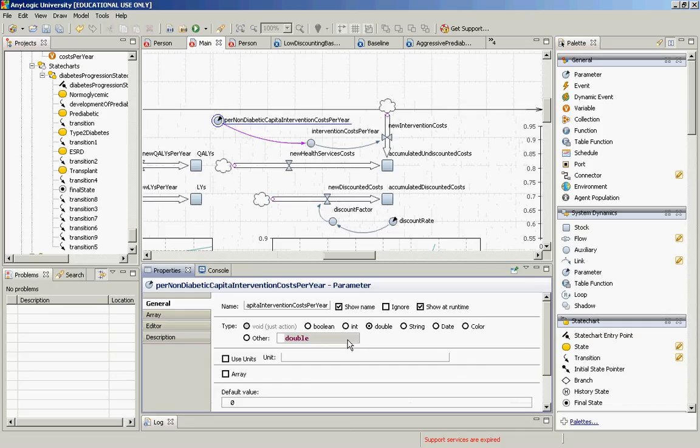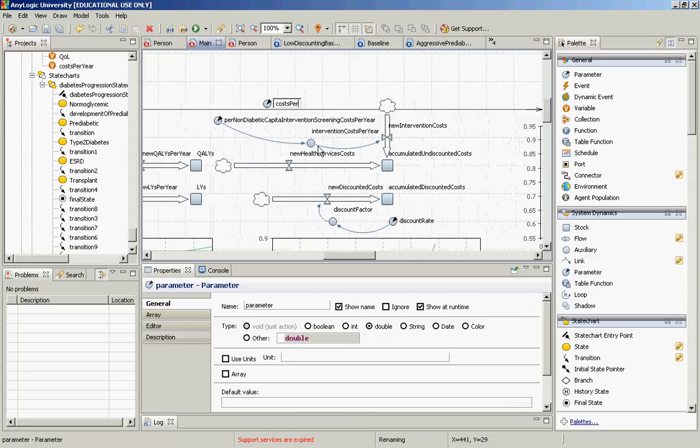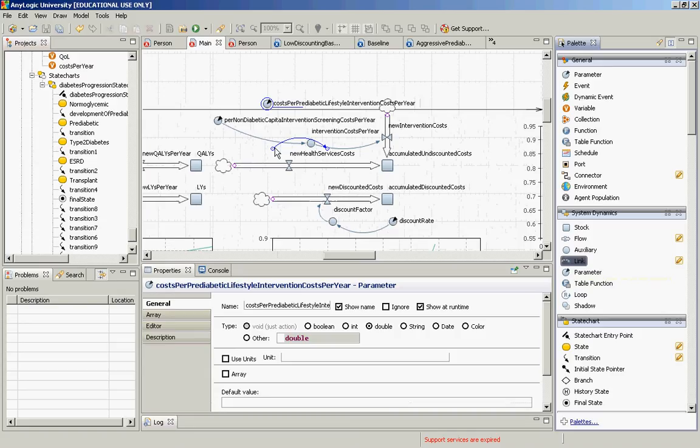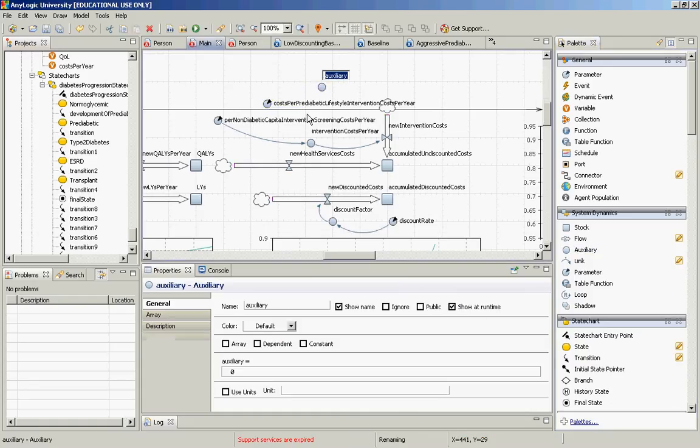And then we'll have a cost per pre-diabetic lifestyle intervention cost per year, and that will contribute some cost as well. What will the cost be associated with that? Well, we're going to total them up here. So this will be a lifestyle change intervention cost per year.